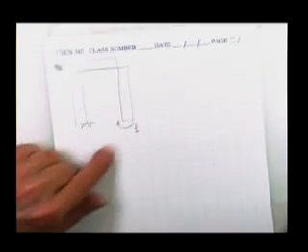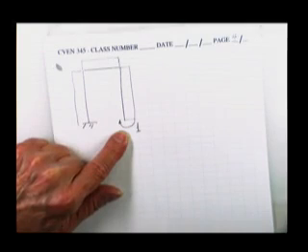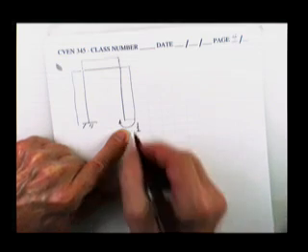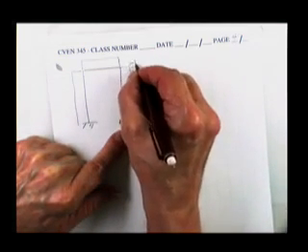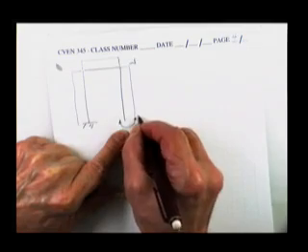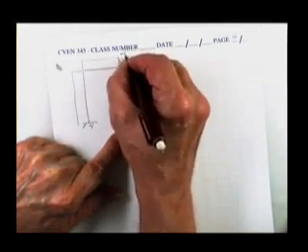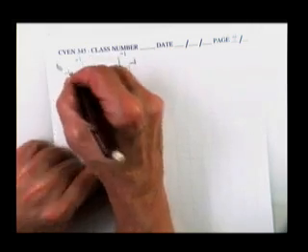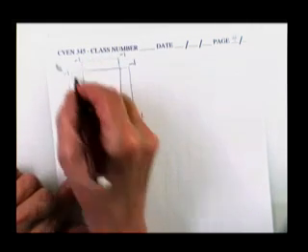Now then, does this guy cause tension or compression on the outside? Tension, then this is a minus 1, a minus 1, a minus 1, a minus 1, a minus 1, and a minus 1.